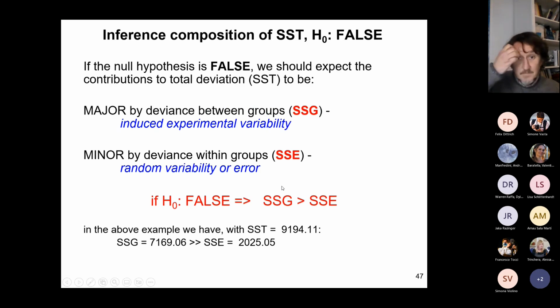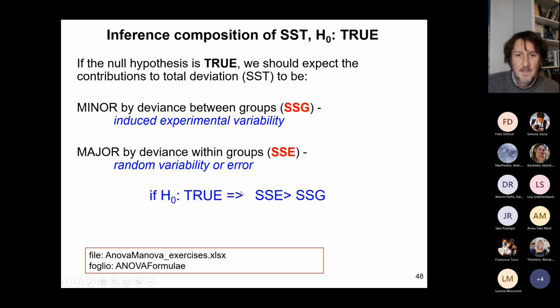But if the null hypothesis is false, is rejected, it means that SSG should be higher than SSE. And this is so. SSG, 7,000, is higher than SSE, 2,000. Okay.